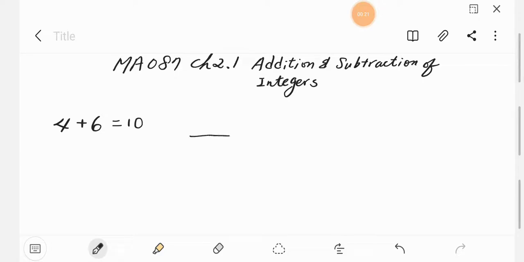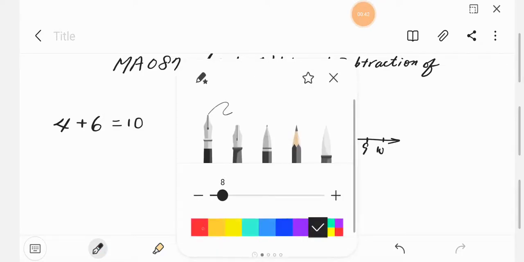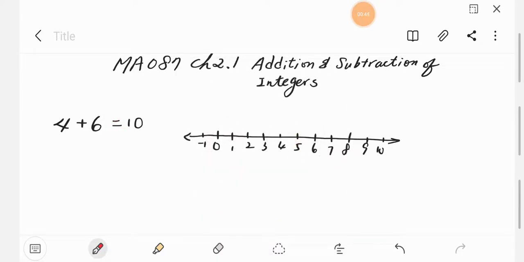On the number line, let's say this is 0, 1, 2, 3, 4, 5, 6, 7, 8, 9, 10, and let's keep going to the right. If you go to the left, then it will be -1, -2, and so on. So in this case, 4 plus 6: you are at number 4.